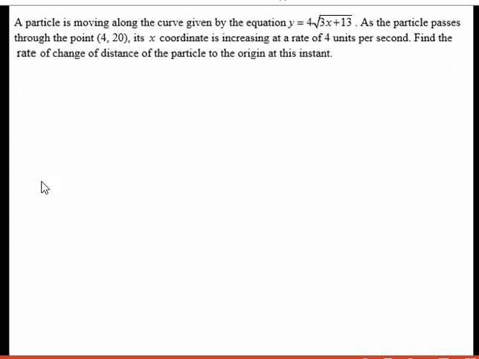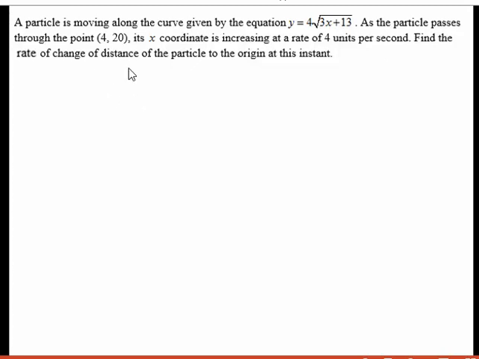Next question. It's a very similar one, but we have different information. A particle is moving along the curve given by the equation y equals 4 square root of 3x plus 13. As the particle passes through the point (4, 20), its x coordinate is increasing at a rate of 4 units per second.